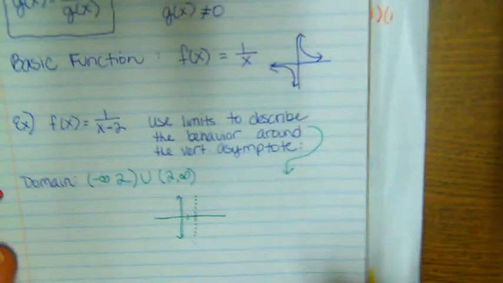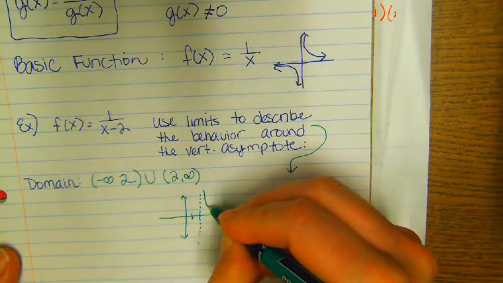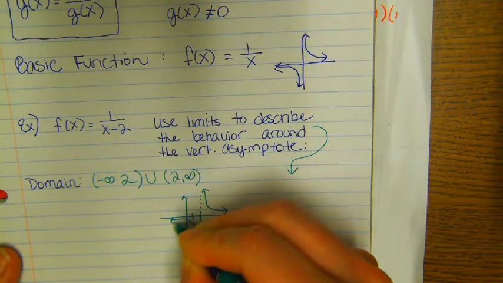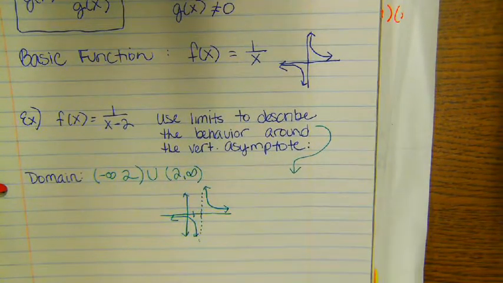Okay, so we look at the asymptote from both sides. Coming from this direction is the right. Do you see how that's the right of the asymptote? Okay. And coming from this direction is the left.